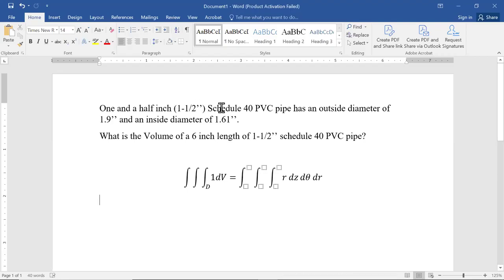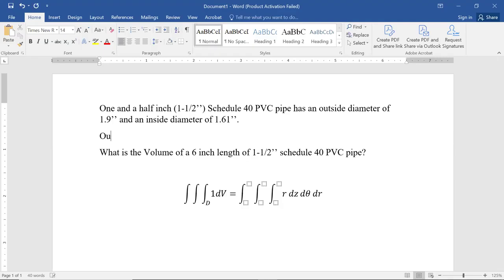So 1.5-inch has an outside diameter of 1.9, inside diameter of 1.6. I'm going to say outside radius is 0.95 inches and inside radius is 0.805 inches. Okay.